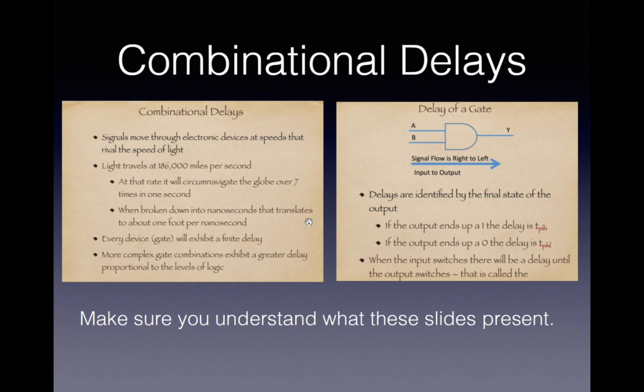The time to propagate from H to L, from high to low, is when the output is switching from a 1 to a 0. And the general rule is that it takes longer to switch from low to high than it does from high to low. And that's because it just takes more time to charge the net, to bring that whole net up to what is considered a logic 1.